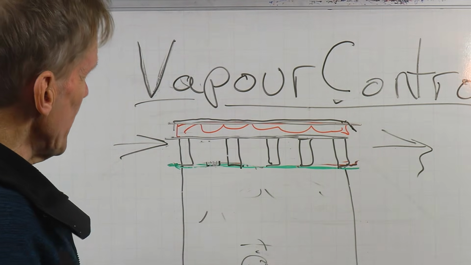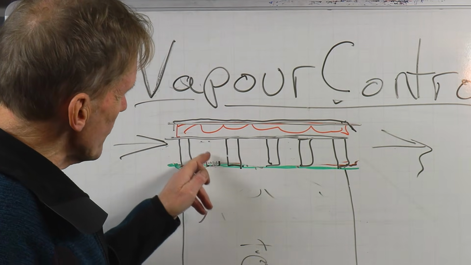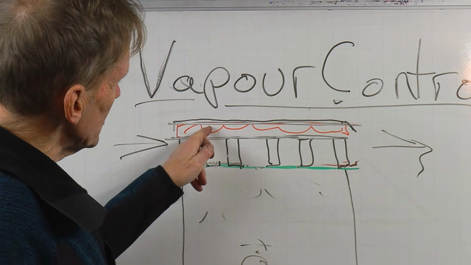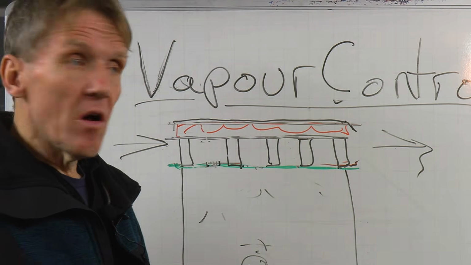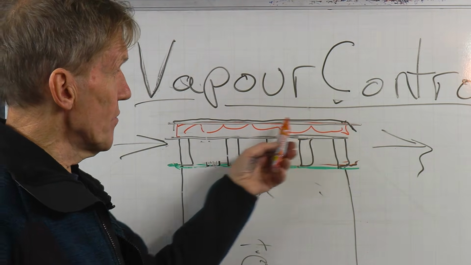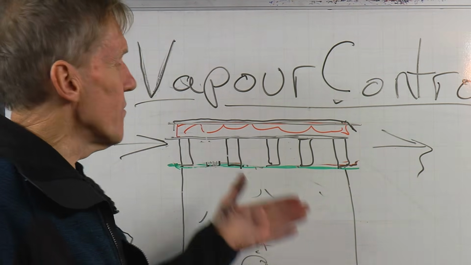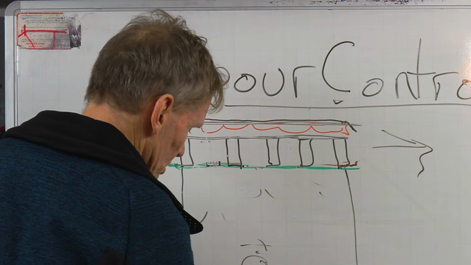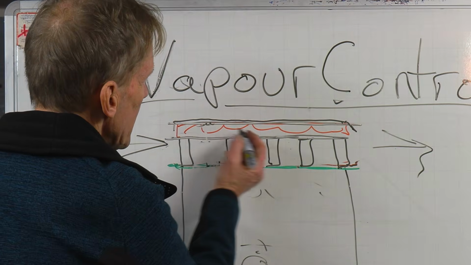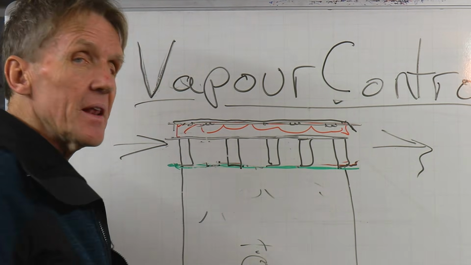Now, if we didn't have a vapor barrier, the vapor could still come up through here, get through that insulation and appear on the underside of the waterproof covering, whatever that was. As I say, whether it's a single ply membrane, whether it's GRP or whatever it is, what we'd end up with is moisture that is trapped in here, under there, and it will start rotting that.